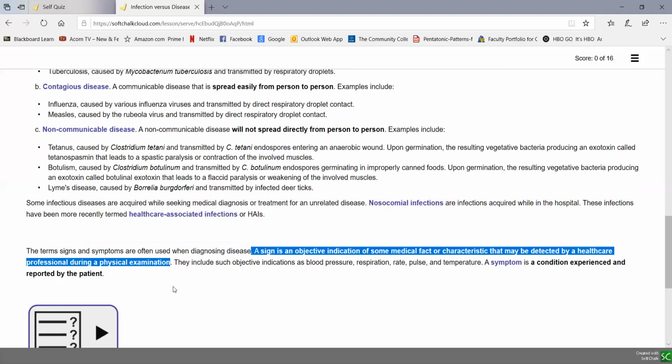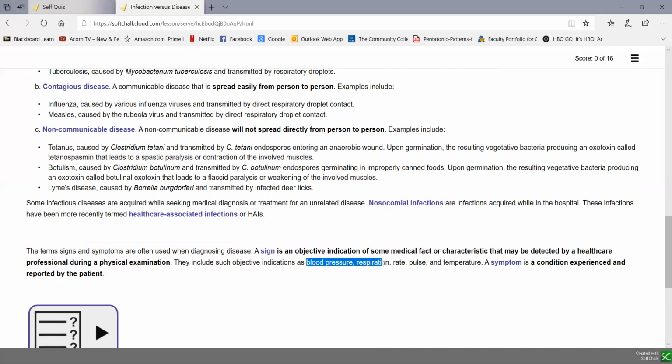So a sign is something that a healthcare professional is measuring during a physical exam. Signs would include things like blood pressure, respiration rate, pulse rate, and temperature. A symptom, on the other hand, is a condition experienced and reported by the patient, such as I have diarrhea, or I have pain, or I have a fever.